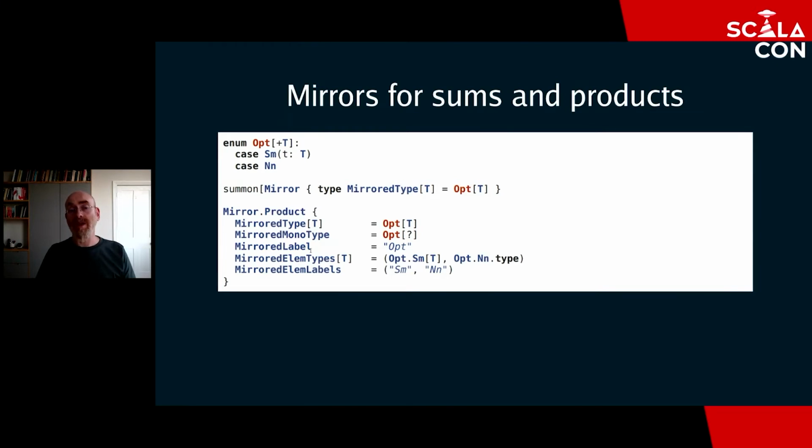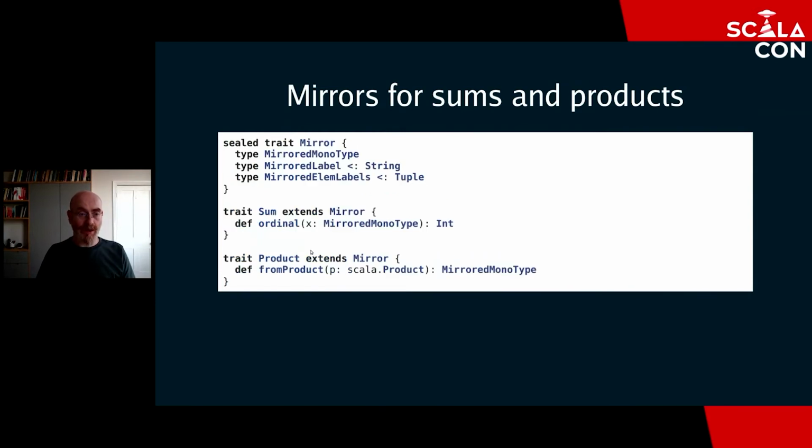The mirrored monotype has all of its holes filled. It has been monomorphized. It no longer has any polymorphism. And this is important because this is going to be used in conjunction with the erased underlying infrastructure that we'll be using to work with terms under the hood.